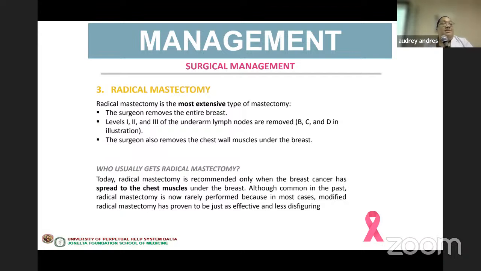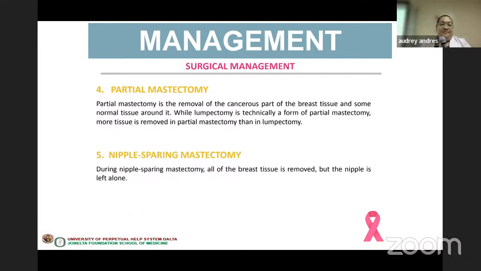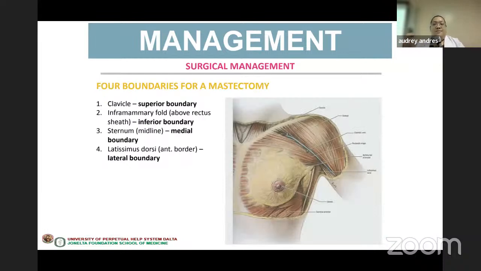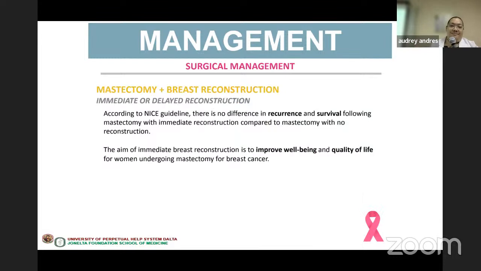Of course, if the malignancy has spread to the chest muscles, you have to do a radical mastectomy to prevent metastasis. Okay? There's partial mastectomy and nipple sparing mastectomy as well. So these are the types of mastectomy.